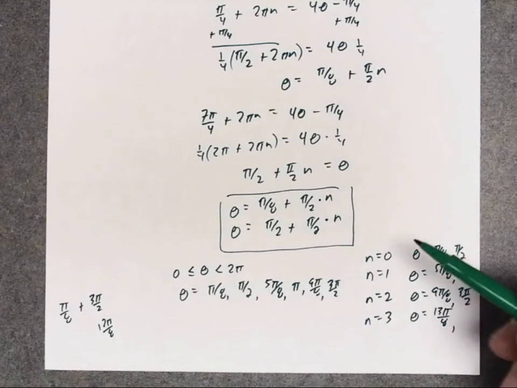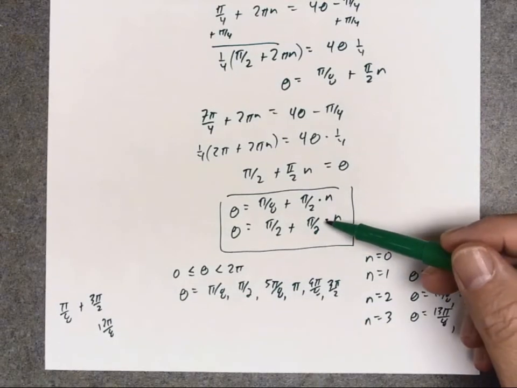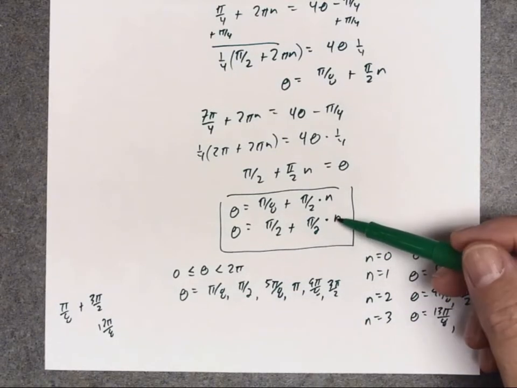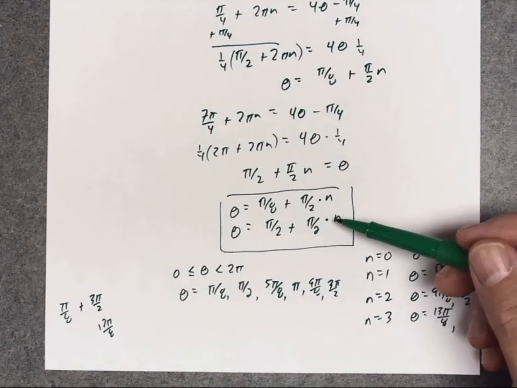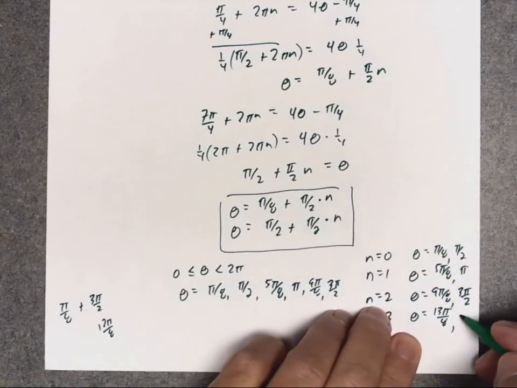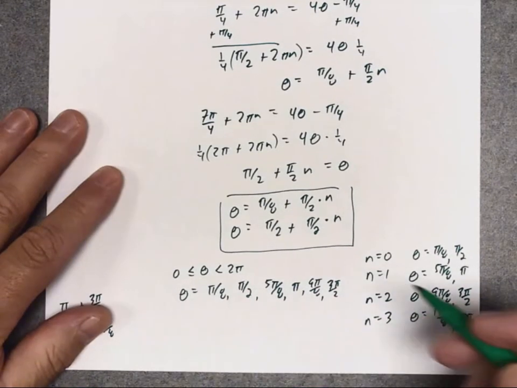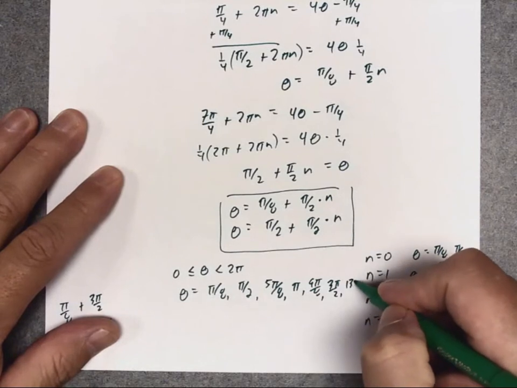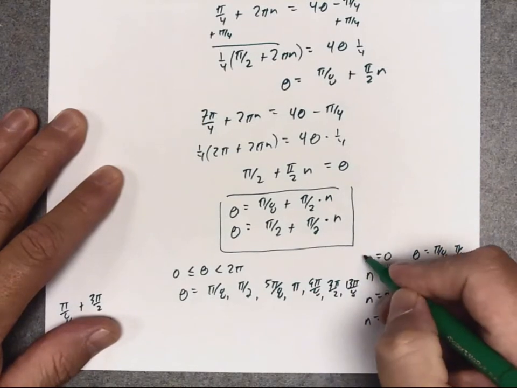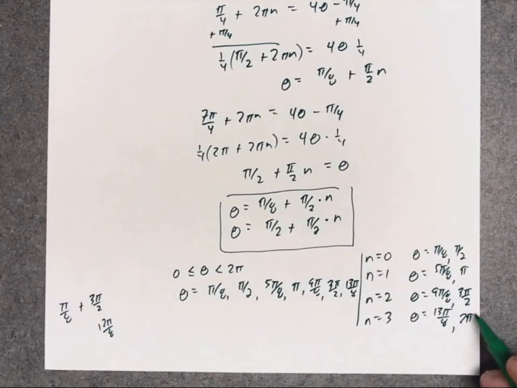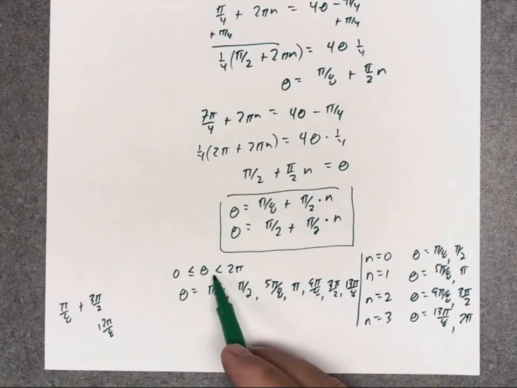And then when I plug in 3 for here, 3 pi over 2 plus pi over 2 is actually 2 pi. Now if I look here, so definitely 13 pi over 8 gets included. But 2 pi, you notice here, they usually say it's actually less than 2 pi.